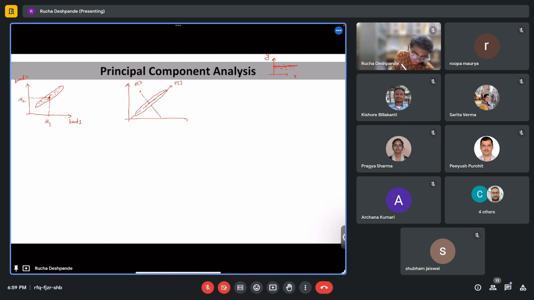So first, we have to compute the covariance matrix. Then we compute the eigenvalues and eigenvectors of this covariance matrix.